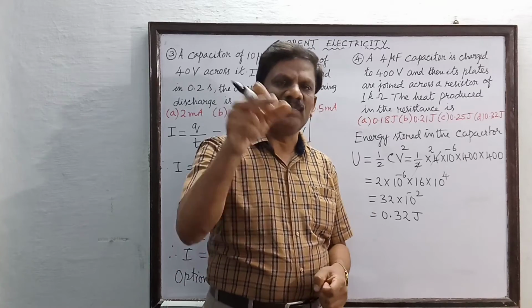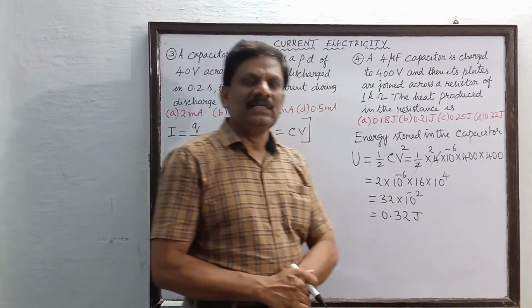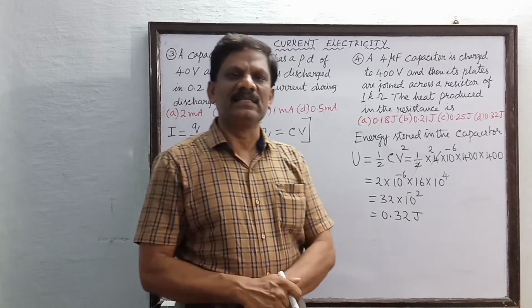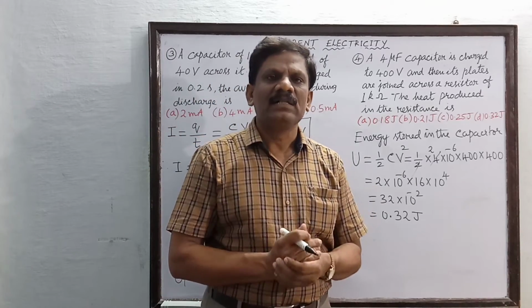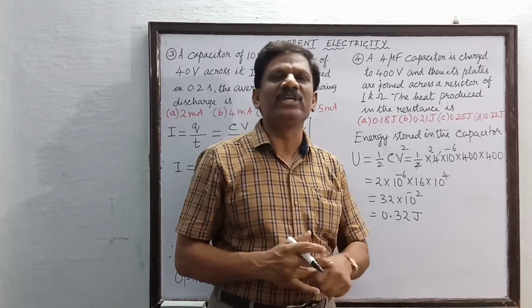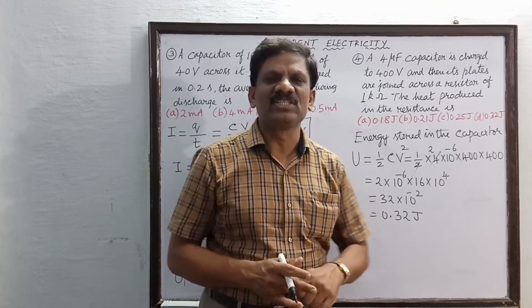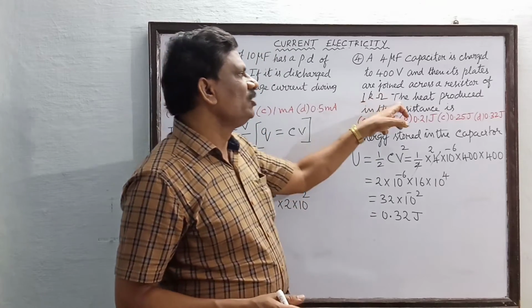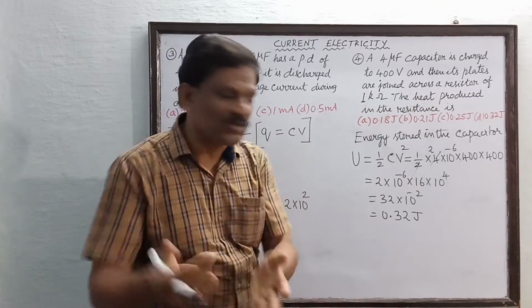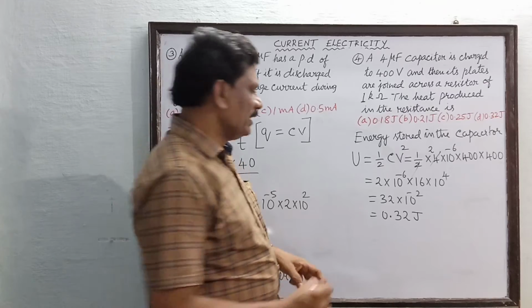Now when such a capacitor which is charged is connected across the resistance, it gets heated up. That means the electrostatic potential energy is getting converted into heat energy. So by the law of conservation of energy, the heat produced in the resistance should also be the same. Is it not?